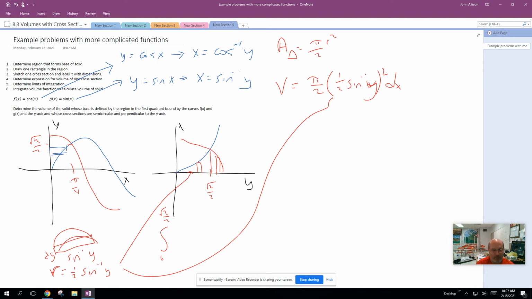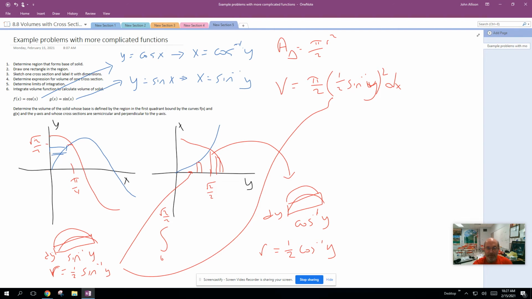So now we need to find an expression for the other one. So we're going to take that rectangle and that semicircle. Still going to be dy. This time, though, the height of the rectangles in this region are going to be the cosine inverse of y. And so a radius in that region is going to be 1/2 times cosine inverse y.